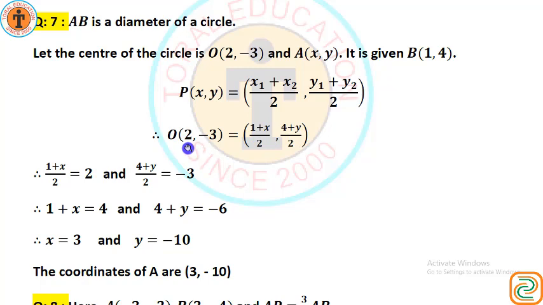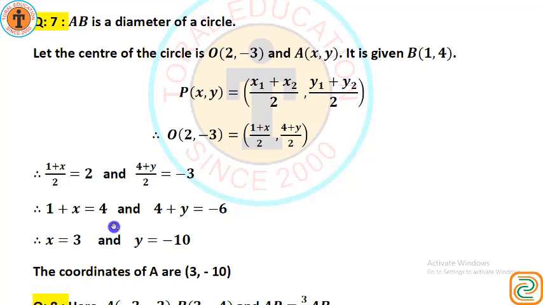We compare this with 2 and -3. So (1 plus x) upon 2 equals 2. First one first, second one second. (4 plus y) by 2 equals -3. So 1 plus x equals 4. 2 twos are 4. And here 2 threes are -6. 4 plus y equals -6.